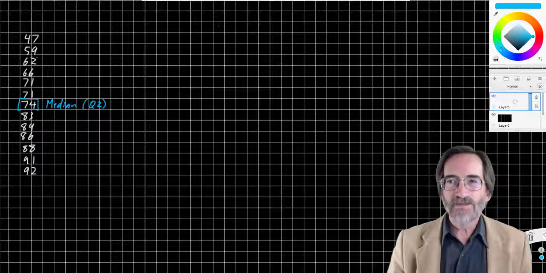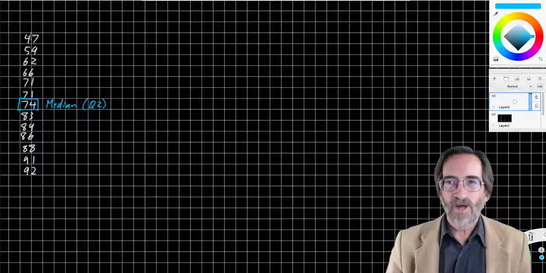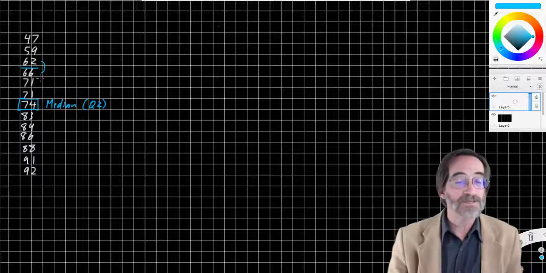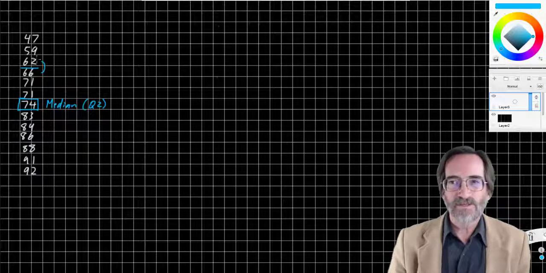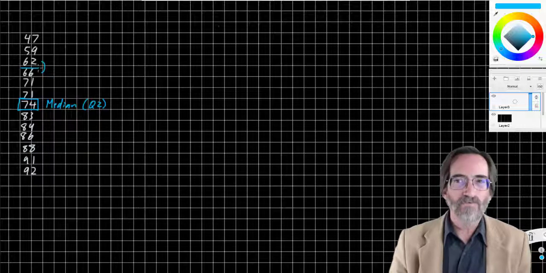Okay, so that means there are 6 numbers below 74. Halfway between 6 numbers, 6 divided by 2 is 3, so count off 3. The middle of the lower half is between 62 and 66. You can do it in your head this way: 66 minus 62 is 4. Half of 4 is 2.